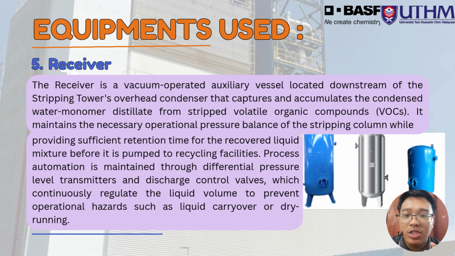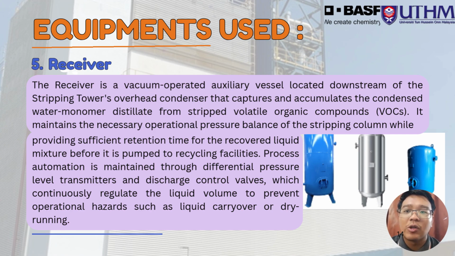With the overhead condenser, it captures and accumulates the condensed water and monomer distillate from the stripped volatile organic compounds. It maintains the necessary operational pressure balance of the stripping column, while providing sufficient retention time for the recovery of the liquid mixture before it is pumped to recycling facilities.